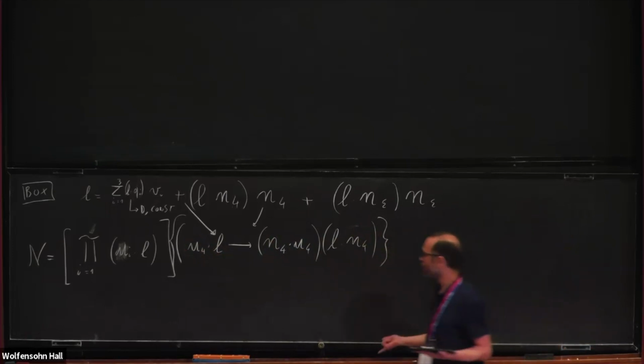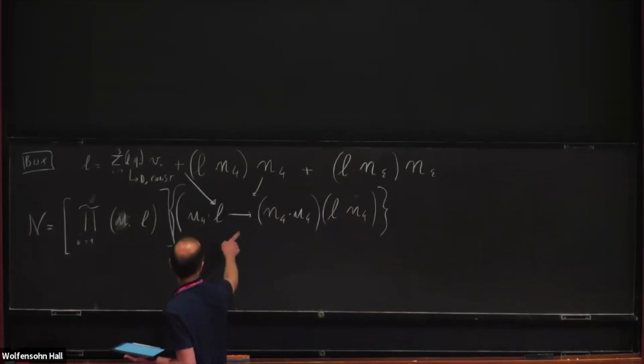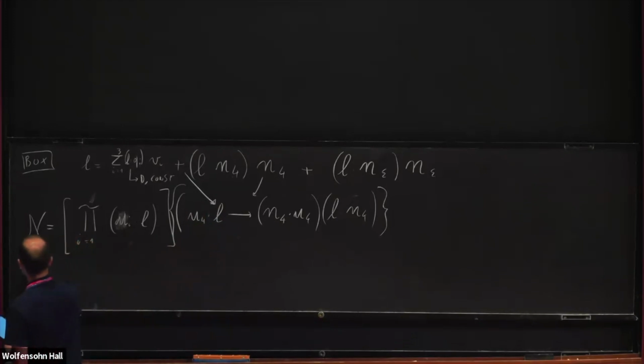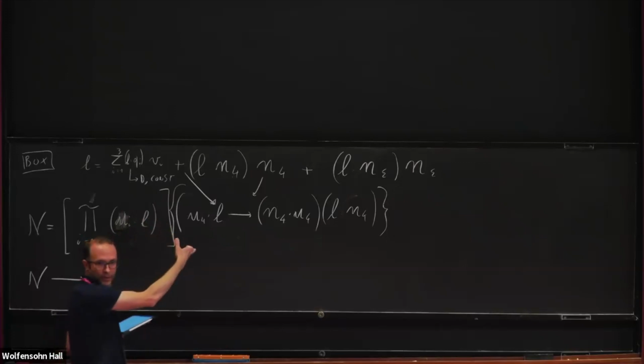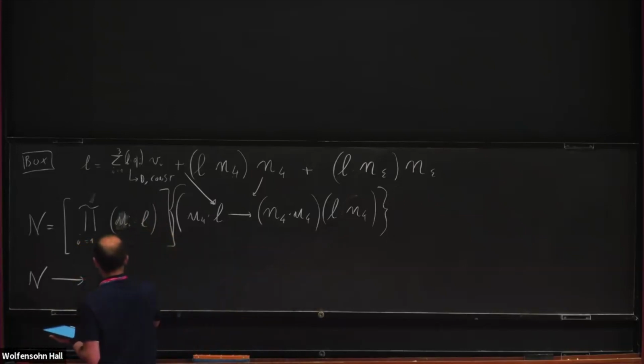Now, why is this useful? Well, because now I do it twice. I do the same thing here. And then you can see that this will give me something which is reducible, and then something which is not reducible, which has the same form as this. So at the end, the non-reducible part can be written like that.